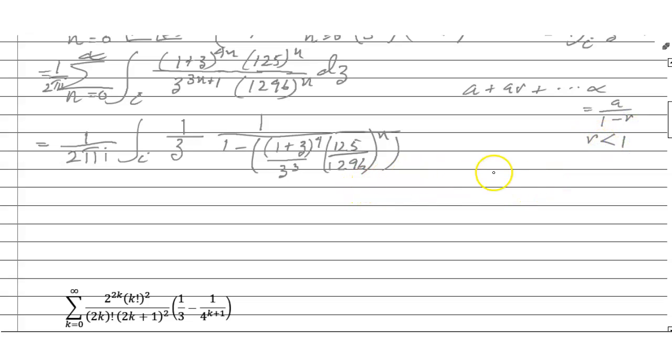Here you will see that (1 plus z) whole to the power 4n times (125 divided by 1296) whole to the power n, over z to the power 3n plus 1, must be less than 1 when mod z equals 5. You can say mod z equals 5, then it is less than 1.